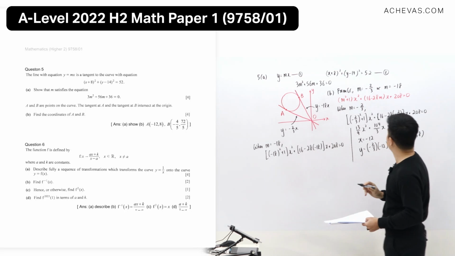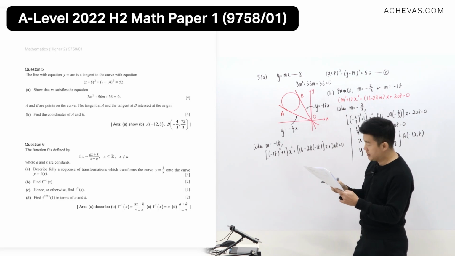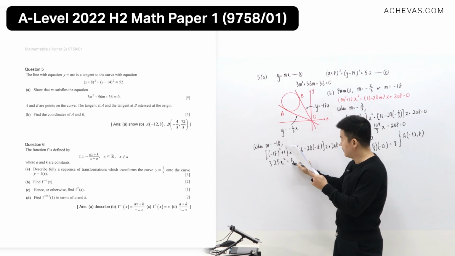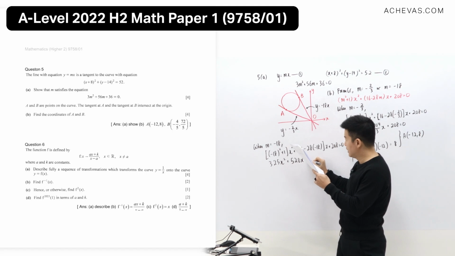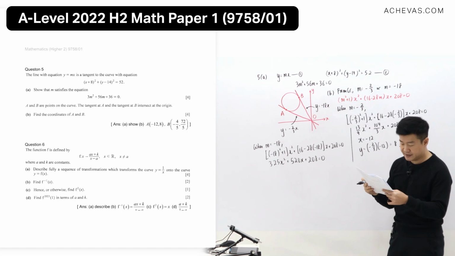This is equal to 0. So simplifying this will be getting me 325x squared plus 520x plus 208. This is equal to 0.